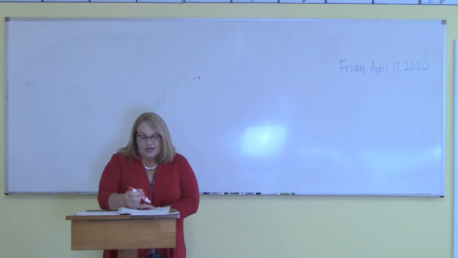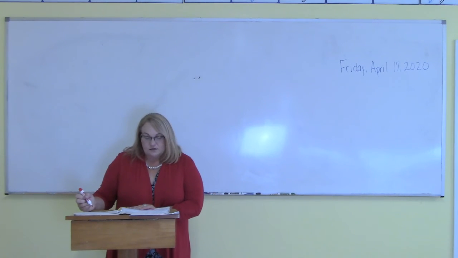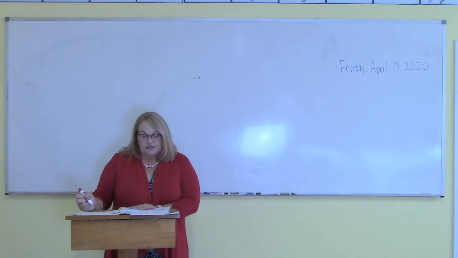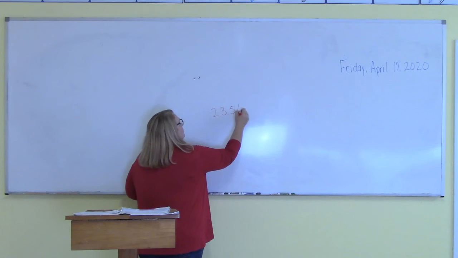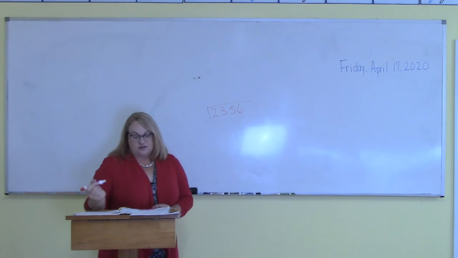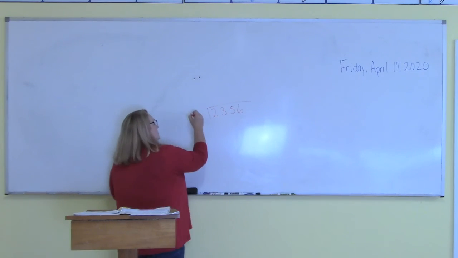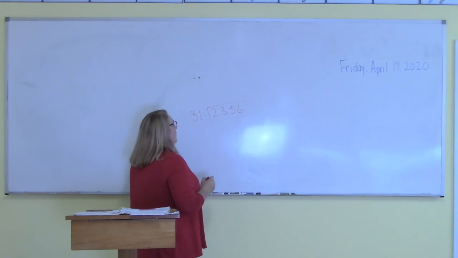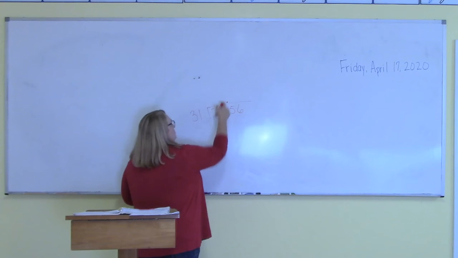Let's look at 3A. Solve these story problems. 3A, in the past month of 31 days, 23.56 inches of rain fell. What was the average rainfall per day? So we're going to divide by 31. Remember that we're moving our decimal right up.